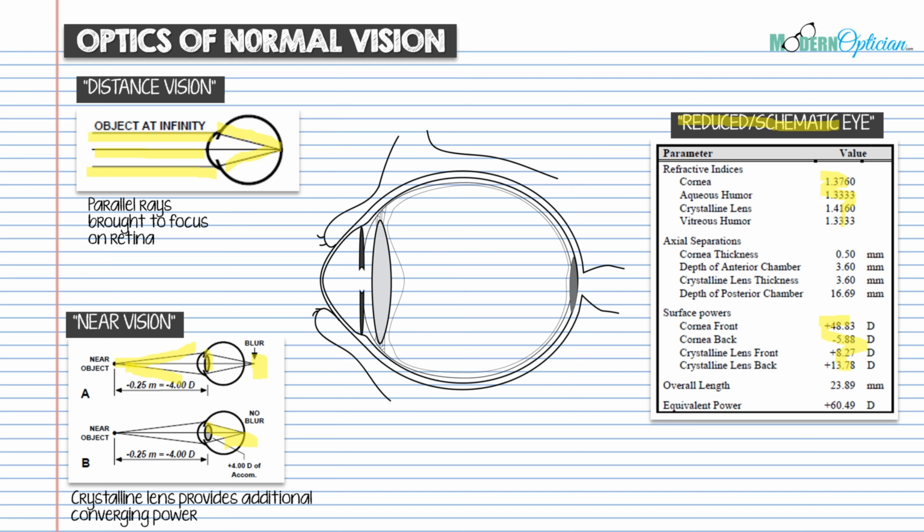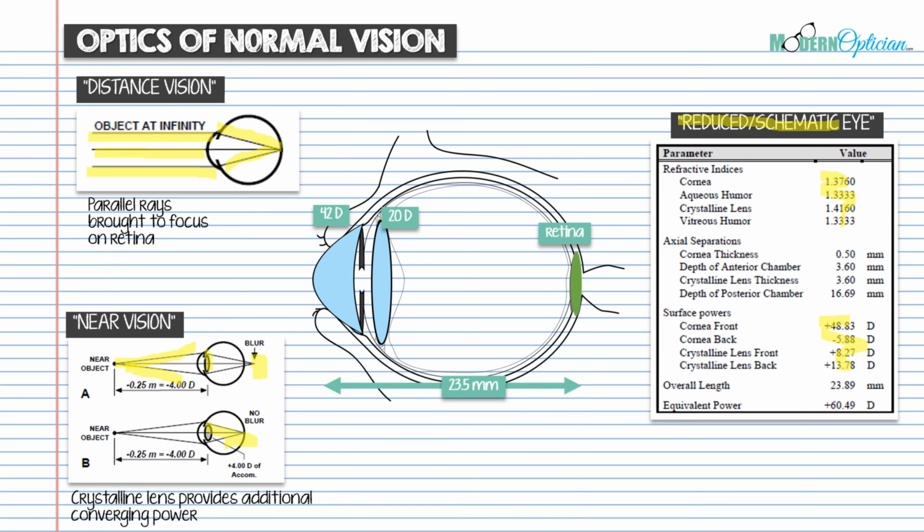However, this is not nearly as big a contributor to the refraction of light as the cornea and the crystalline lens. But notice how the cornea resembles very much a plus lens, and a very strong plus lens. It's 42 diopters. And the crystalline lens is like a biconvex lens that's about 20 diopters. And of course, the next part of the equation here is where the image needs to be formed.